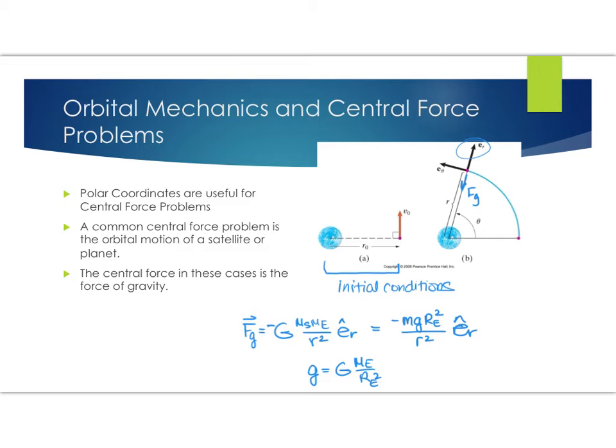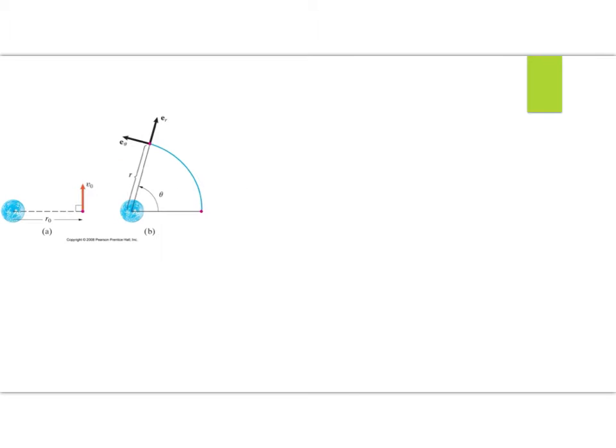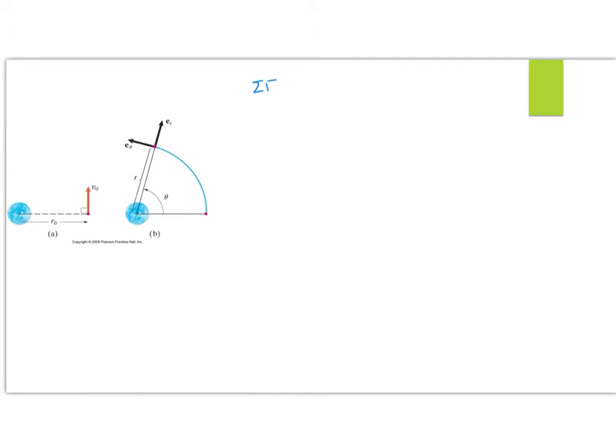Now let's look at our two equations of motion in this scenario. We're going to use polar coordinates, so we have a radial equation of motion and a tangential, or theta, equation of motion. It's kind of the same thing. We've already talked about how we're writing the force in the radial direction. This is from the previous slide.